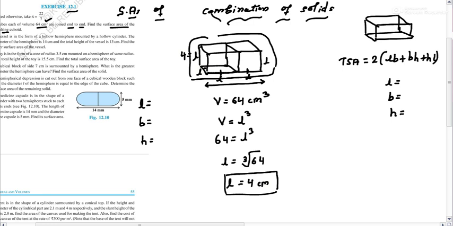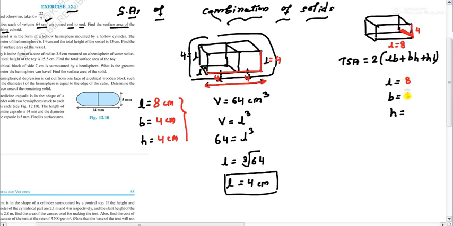Even this side is 4. Now one more is joined, so 4 and 4 get added, and that becomes L for the cuboid. It is 8. What about height and breadth? It is 4 only. This part is 4 and this breadth is 4. It means the length we have is 8 centimeter, breadth is 4 centimeter and height is 4 centimeter. So this is the new data we have.